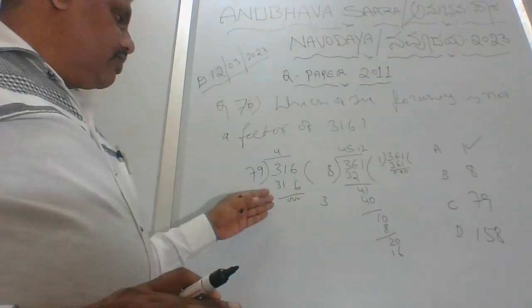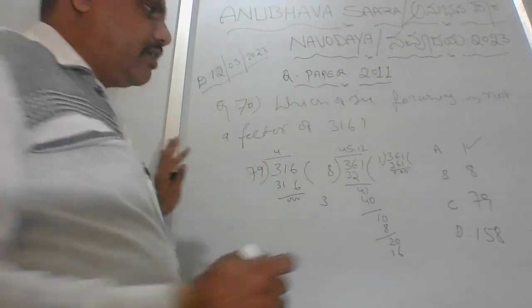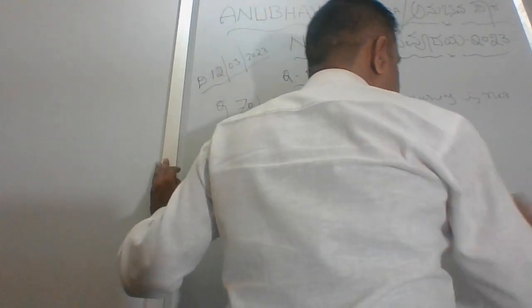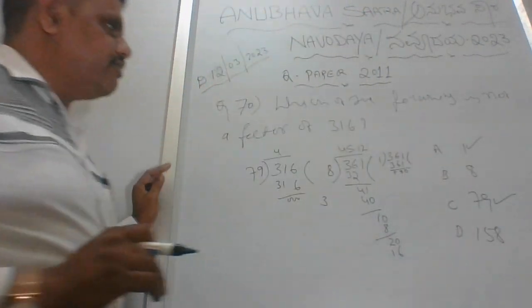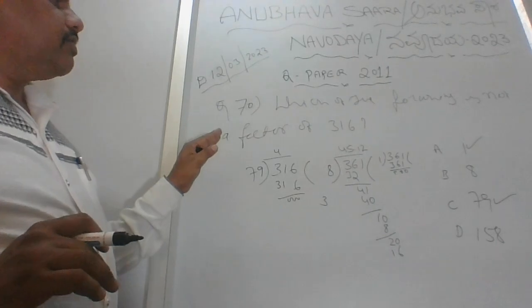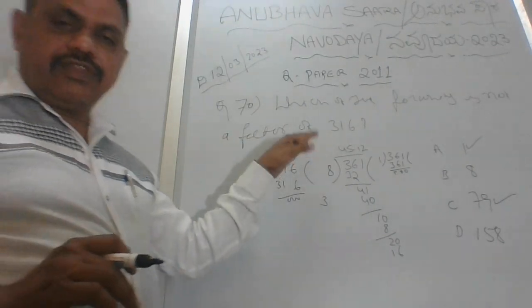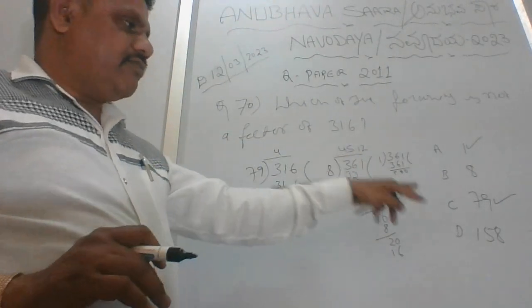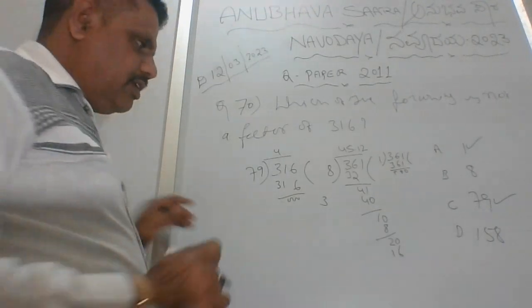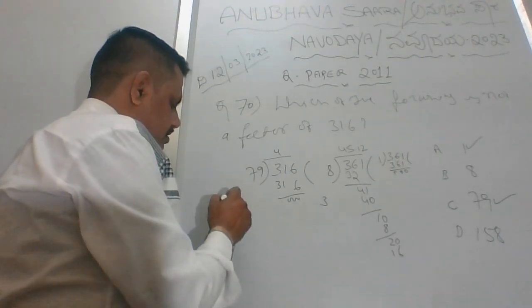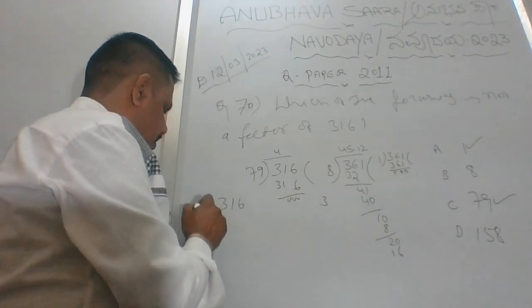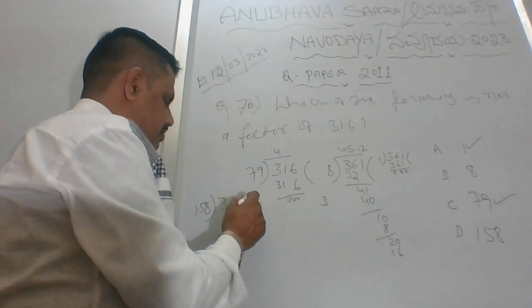Clear? This is okay. It is a factor of 316. This is the factor. So we'll see with 158. That is 316, 158.